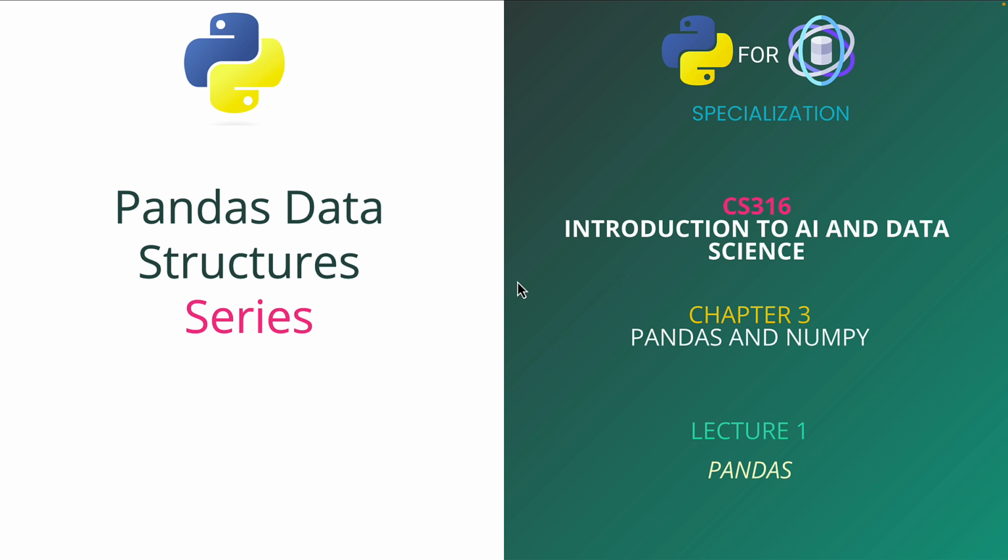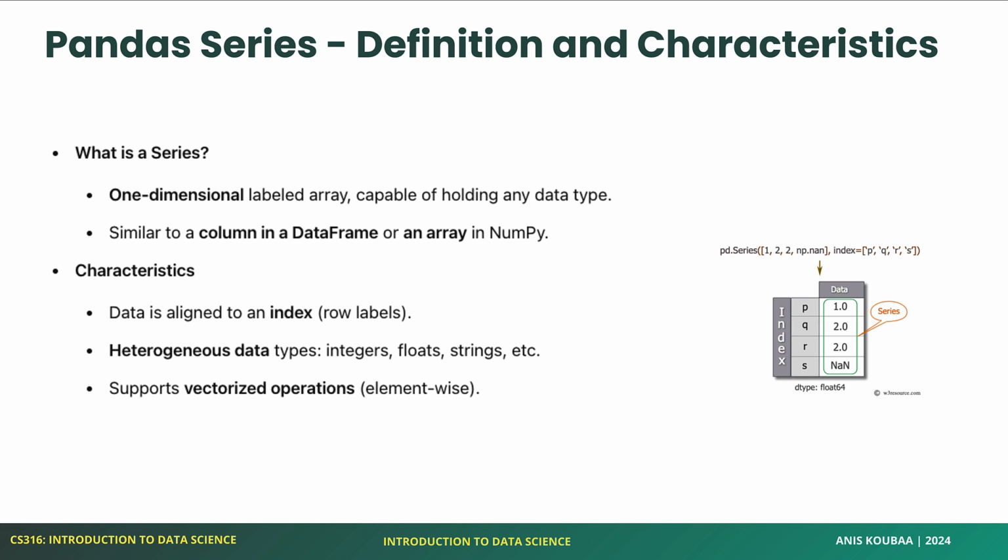Now the first type of Pandas data structure is called the data series. So what is a series? As already mentioned, it's just a one-dimensional labeled array, which is capable of holding any kind of data type. It's similar to a column in a data frame or a one-dimensional array in NumPy.